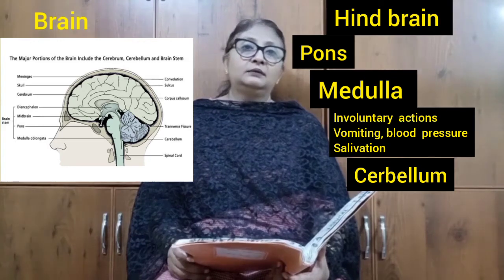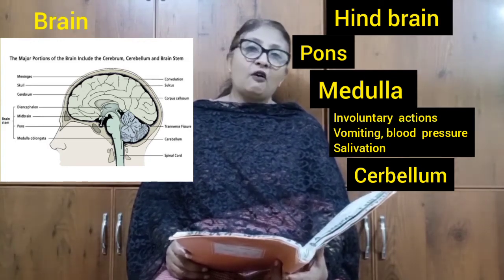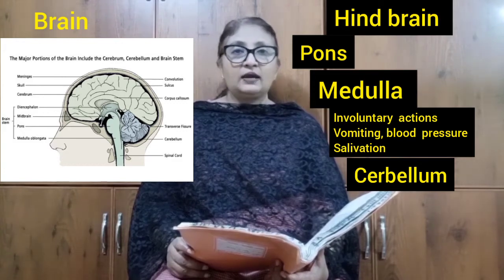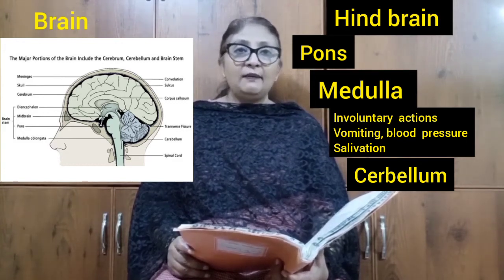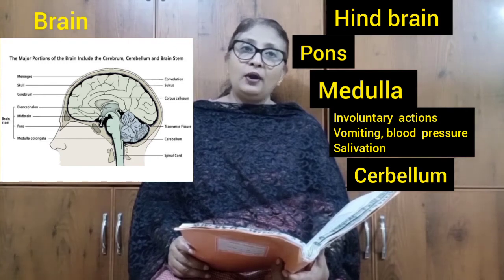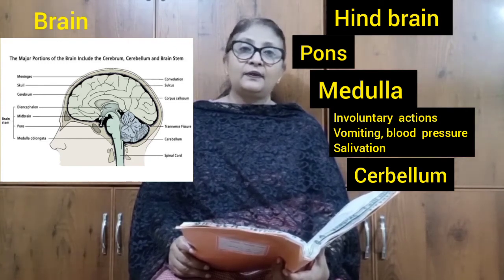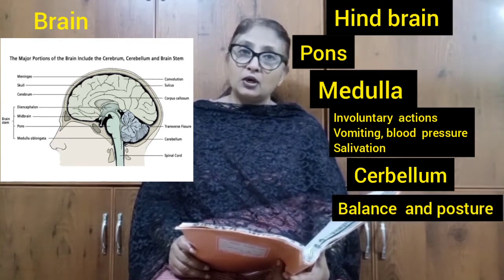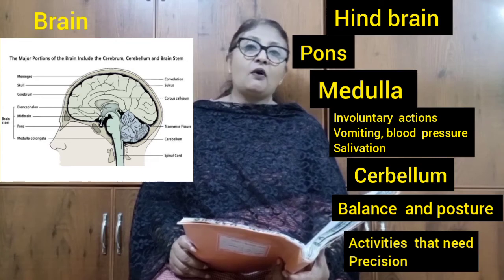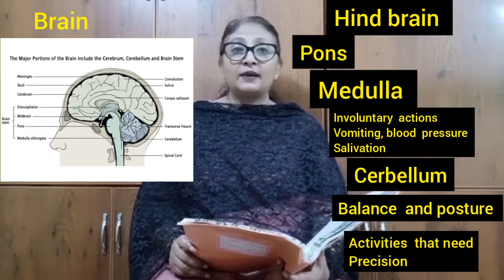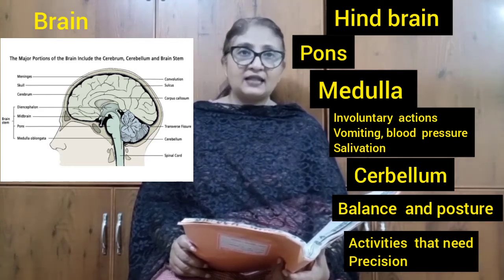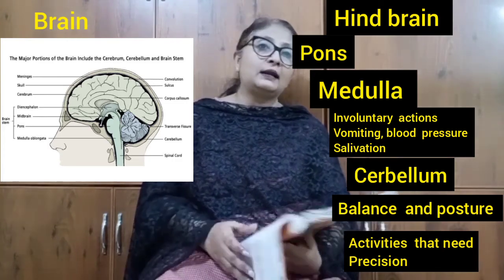The medulla also is responsible for involuntary actions such as vomiting, blood pressure, etc. While cerebellum has two important functions, that is, it helps to maintain balance and posture, and also it is responsible for activities that need precision, such as walking in a straight line, picking up a pencil, or riding a bicycle.